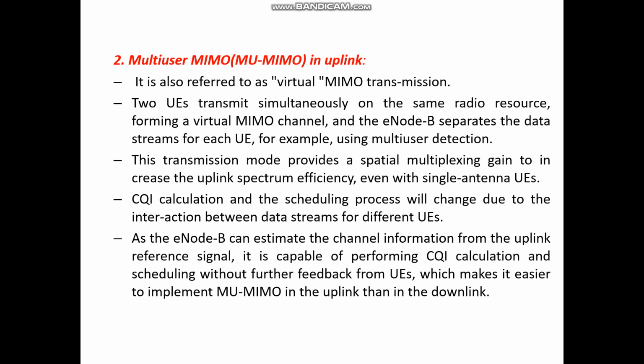So multi-user MIMO can be implemented in a better way or easier way in uplink than in the downlink, because the eNode B can estimate the channel information based on the uplink reference signal, and it is capable of performing the channel quality indicator calculation and scheduling without further feedback from the user equipments.